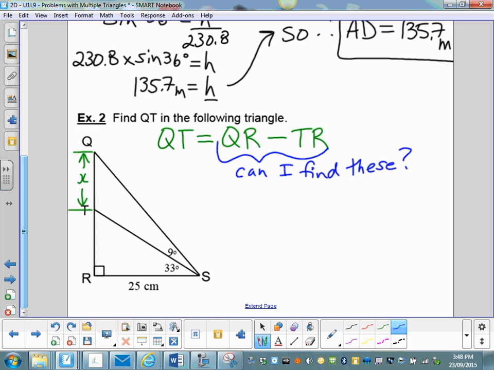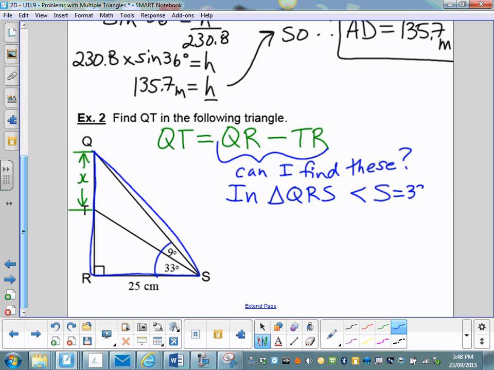So QR is in triangle QRS. So in triangle QRS, what do I know? Angle S in the big triangle: if I'm looking at this big triangle here, angle S is these two angles together.